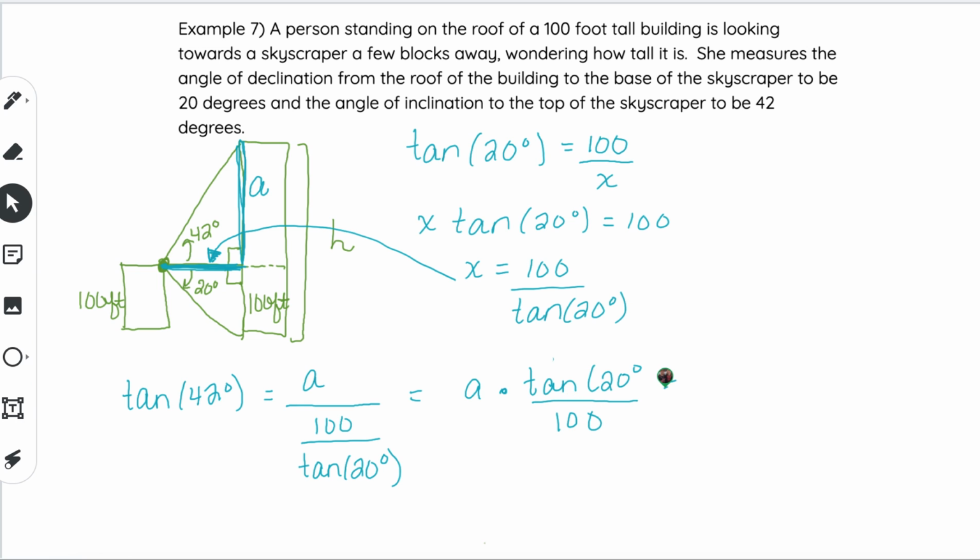But this is still equal to tangent of 42 degrees. So again, I can divide both sides or multiply by the reciprocal. So a is equal to tangent of 42 degrees, multiplying by the reciprocal because I'm dividing.